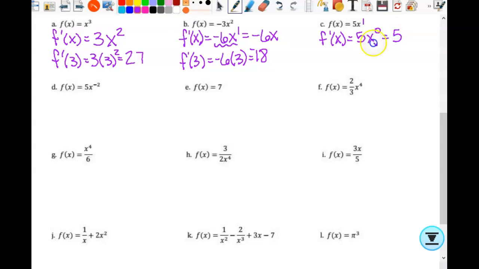And again, you don't have to write this step, but it's not a bad idea to have it in your notes when we're first learning it so you know where everything's coming from. So then f prime of 3, what do you think that is? It's just 5. Because here, my rate of change is constant, so f prime of 3 is 5. Okay? We okay with that?